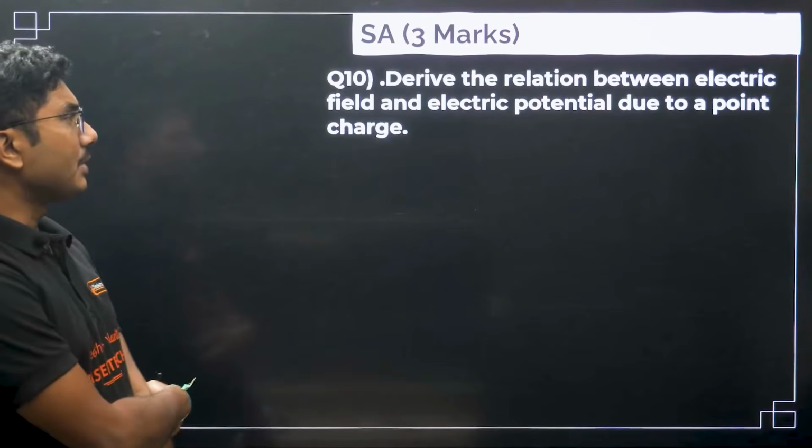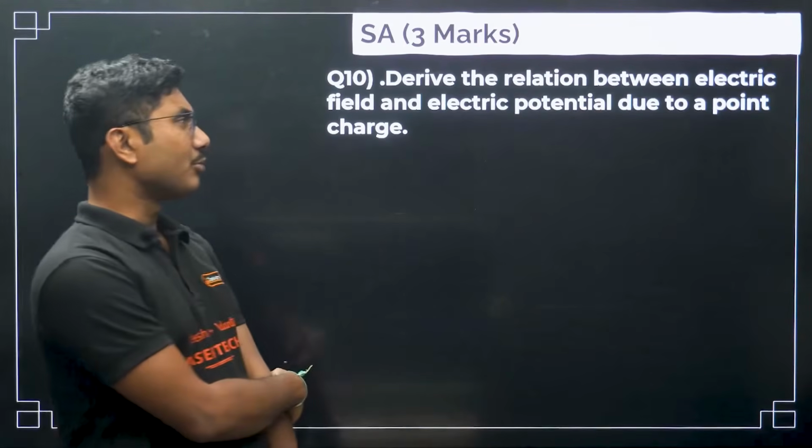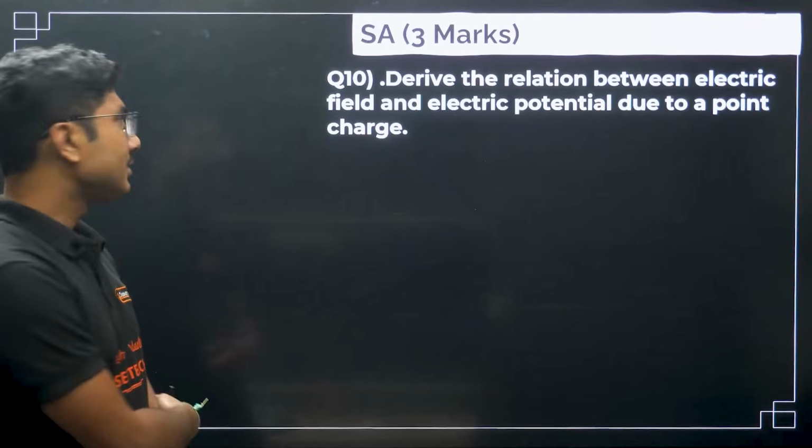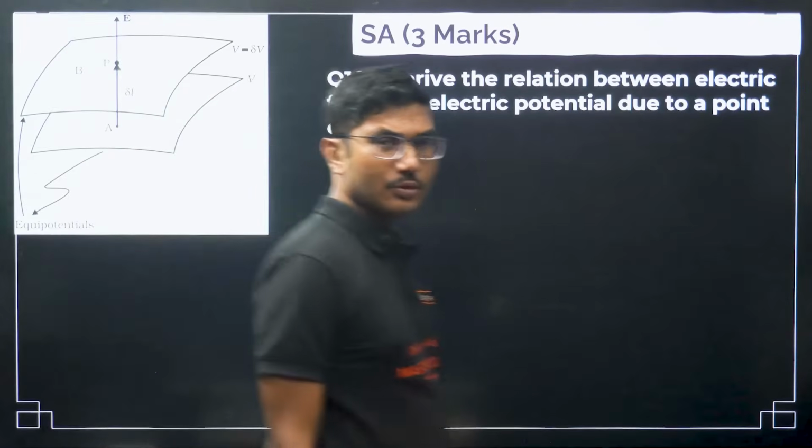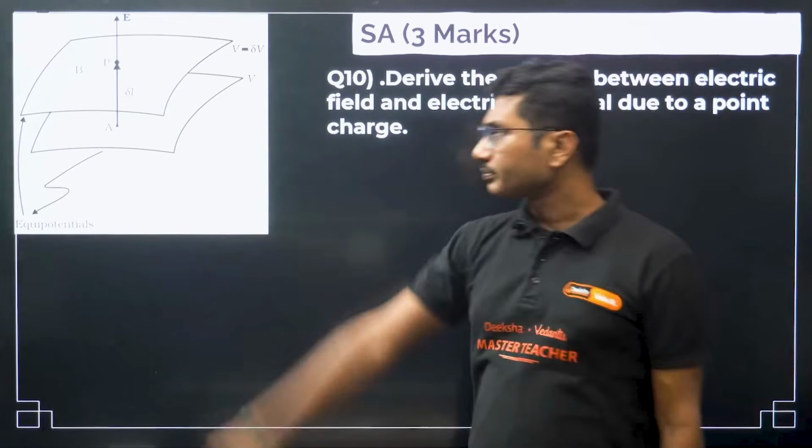Derive the relationship between electric field and electric potential due to a point charge. So for that, first of all we have to draw this diagram.